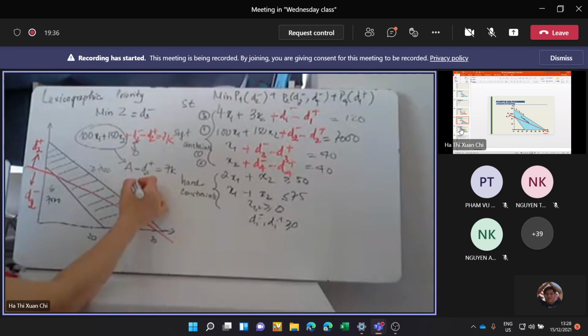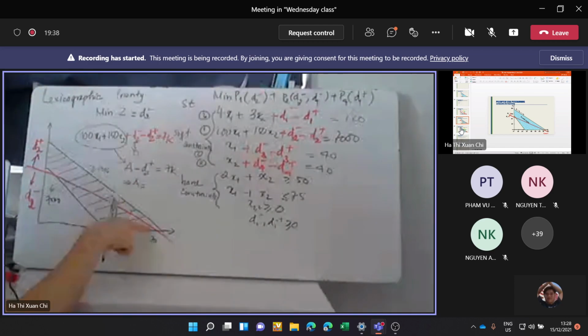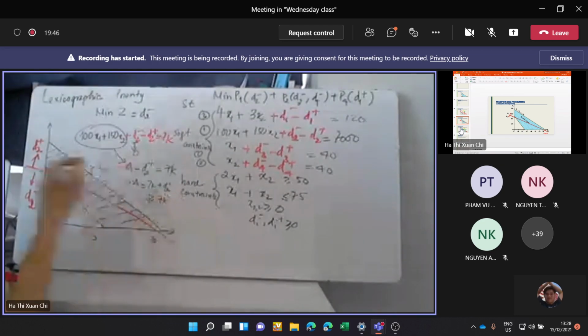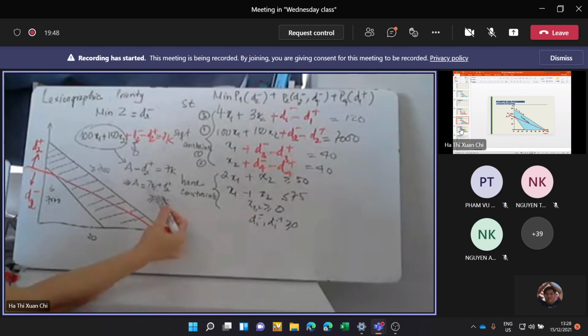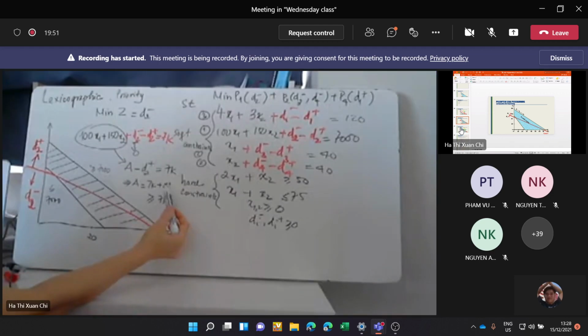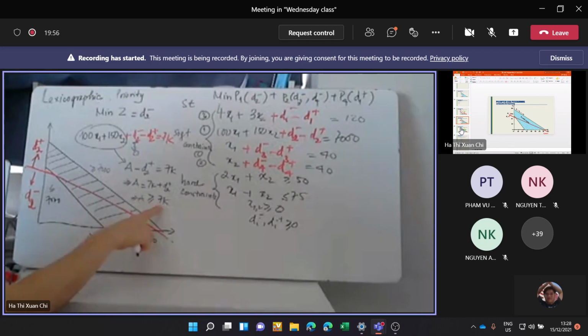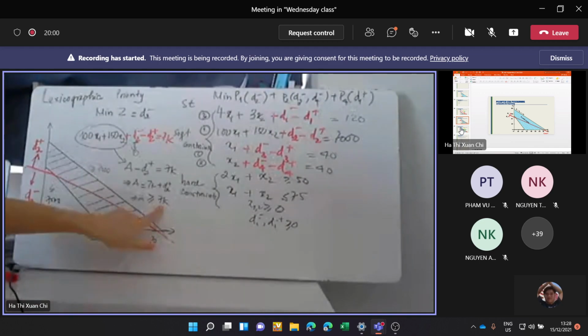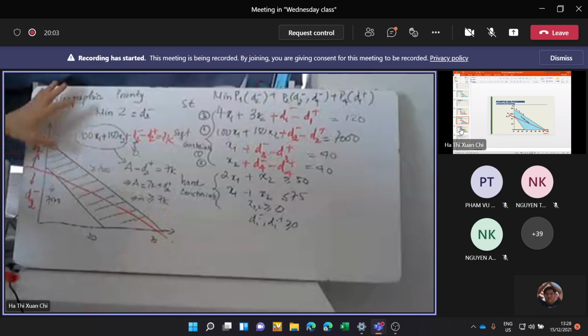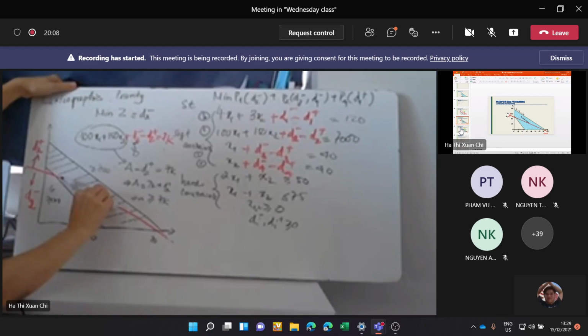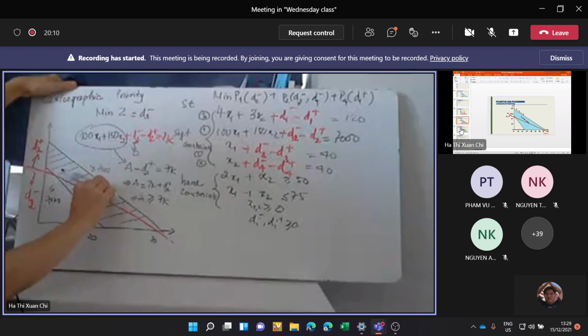So A means this line, everyone: 7,000 plus D2, so it means greater than 7K, right? 7,000 plus something non-negative. So if this line is greater than 7,000, it is still satisfied, because the feasible region is still here. So if it is larger than 7,000, it is still okay.